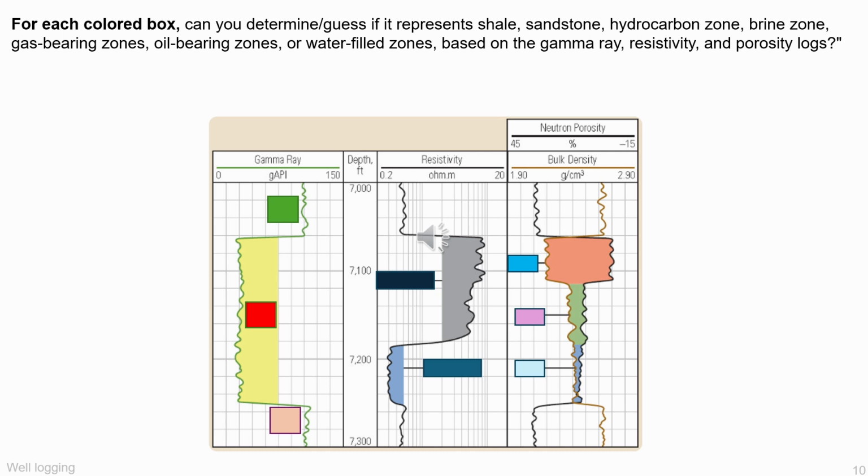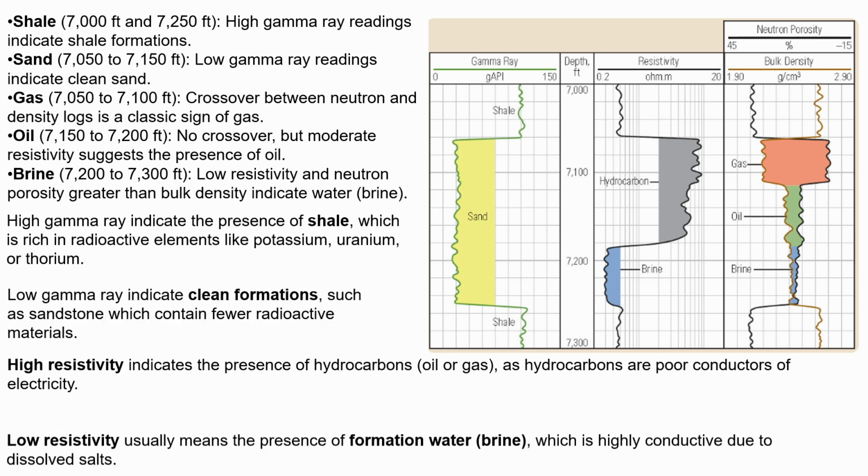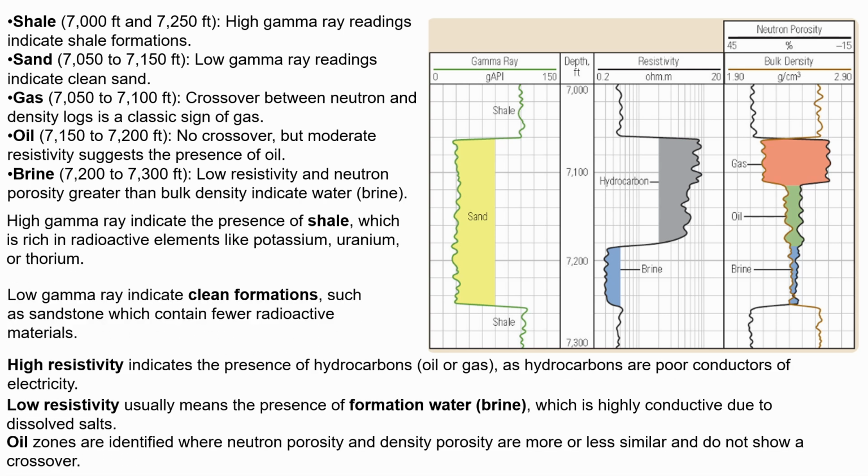Neutron density crossover suggests gas. Similar neutron and density porosity with moderate resistivity may indicate oil. This is exactly how practical log interpretation begins. You can see the detail answer here.